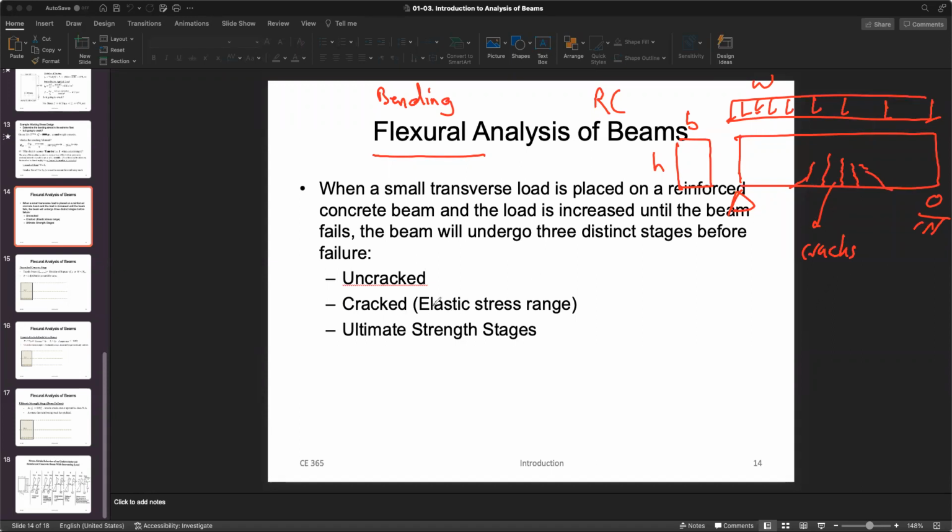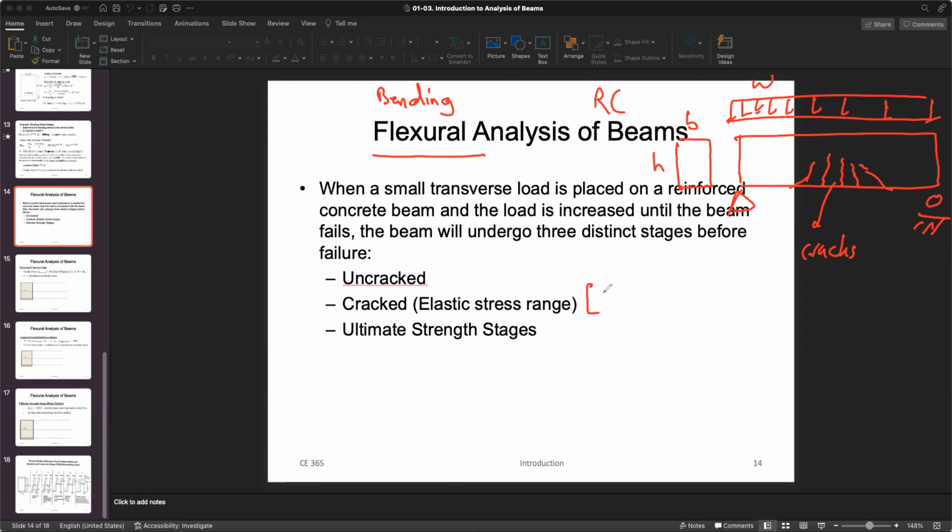All right. So three stages we are passing through. First, you are in the uncracked region, meaning that you're healthy, you haven't cracked yet. All right, uncracked. Then it is cracked, in the elastic stress range. It is still in the elastic region of concrete.